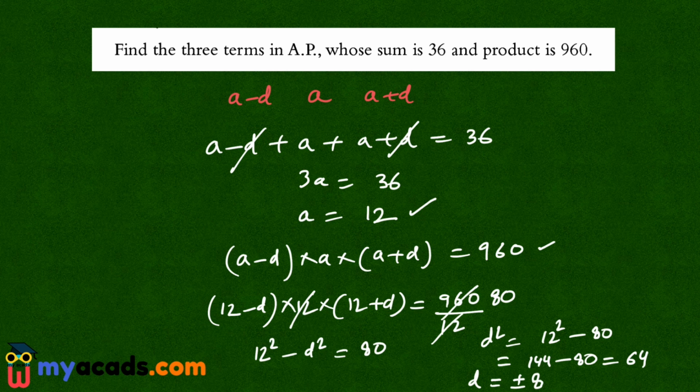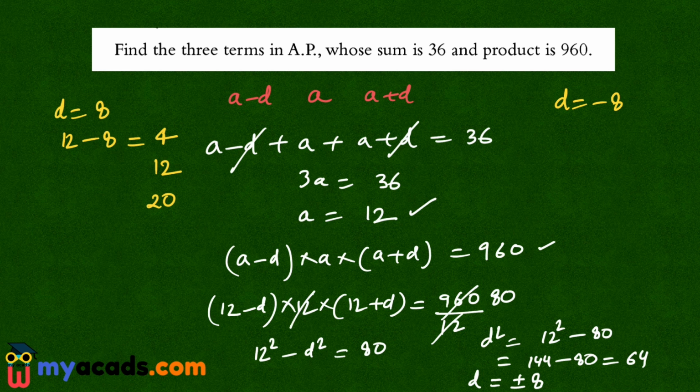So my 3 terms become, first I will take d as 8. My first term is a minus d, that is 12 minus 8, which equals 4. My second term is a, that is 12. And my next term is a plus d, that is 20. Now I will take d as minus 8.